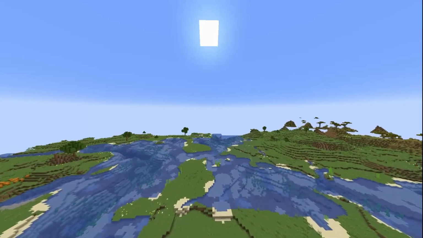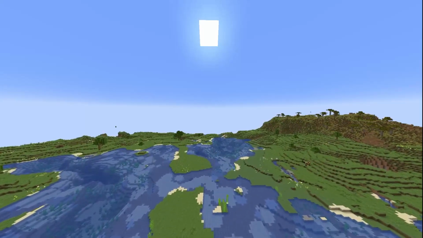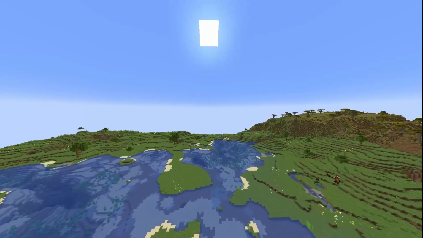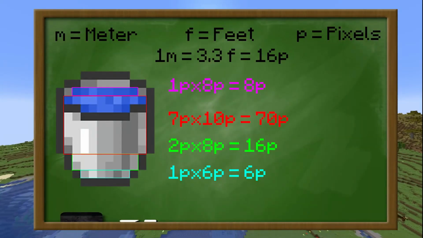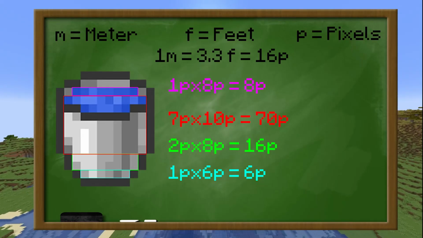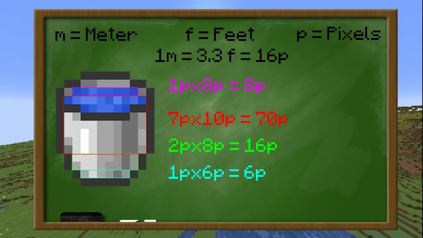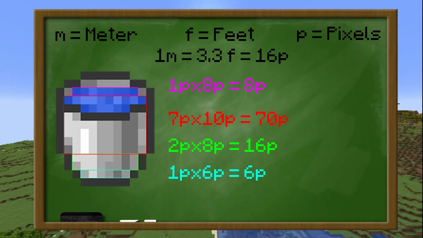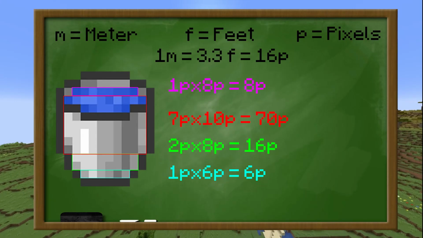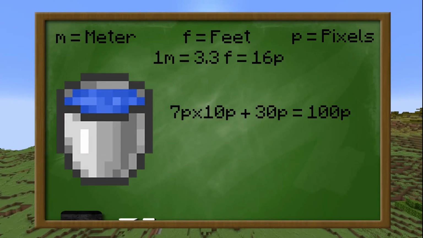One is to count the amount of pixels we see on the sprite of the water bucket. As you can see here, it has a 7 by 10 area here, and 1 by 8 on the top, a 2 by 8 and a 1 by 6, or 7 times 10 plus 30.